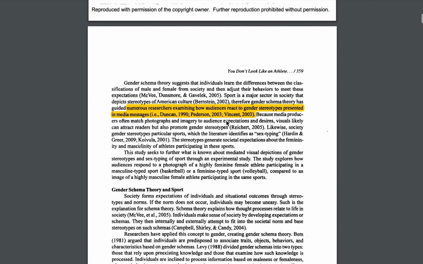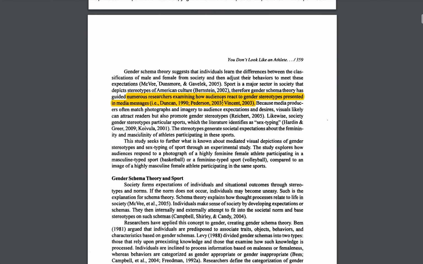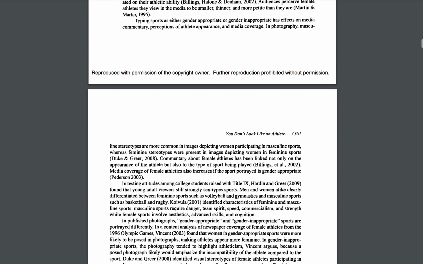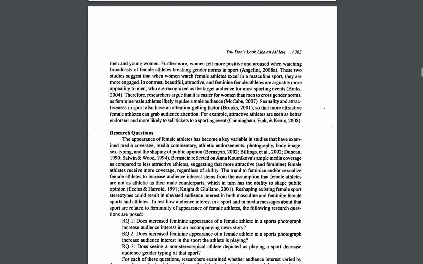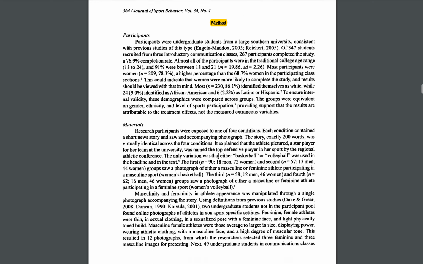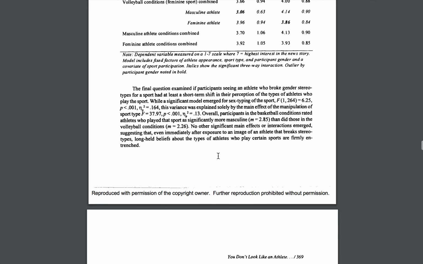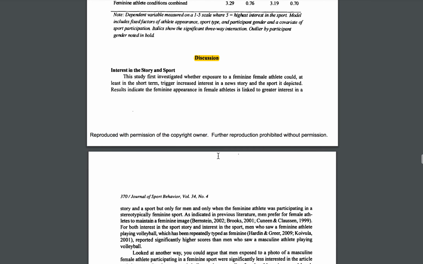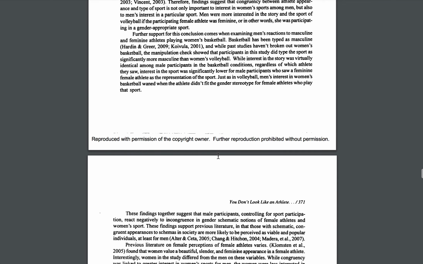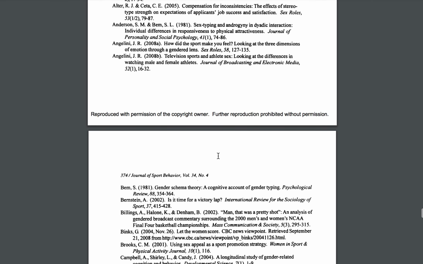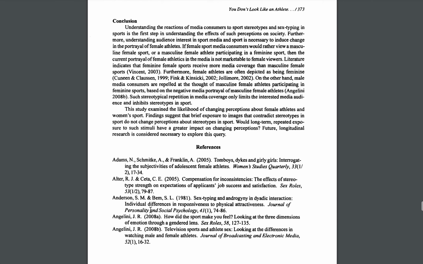Even though it starts with a lit review, citing other authors and research in this field of study, it contains a methodology section, a results section, and conclusions and discussions where they talk about the implications of the study's findings. In addition, this article also includes references that were mentioned in the lit review in the introduction.